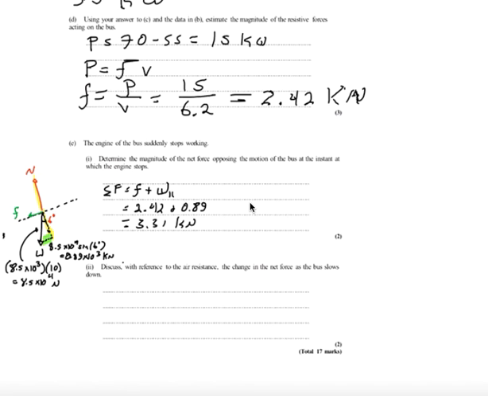So this term right here is going to disappear. So the net force is going to decrease, but not to zero, because this will have no effect on the parallel component of the weight. So the net force will decrease over time to a minimum of 0.89. And then the bus will either get stuck on the ramp or it'll start rolling back down the ramp again.